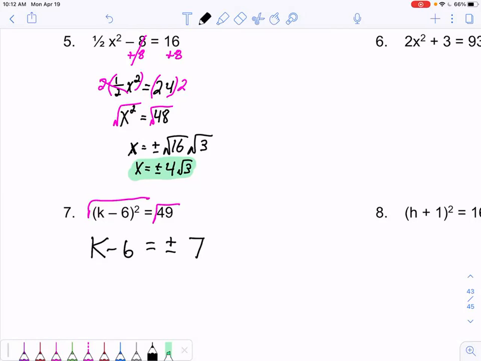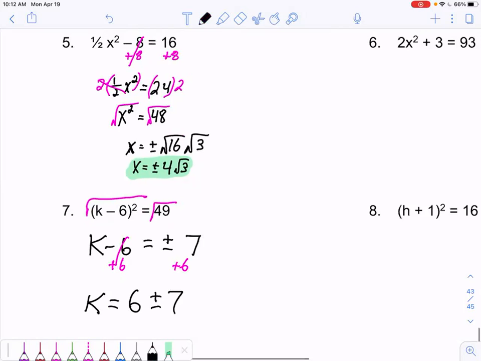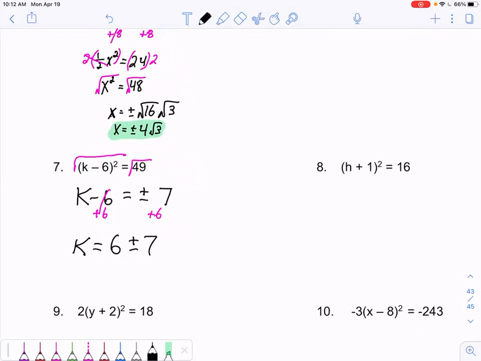The square root of 49 is 7. Remember, you have to put the plus or minus 7 with that. You add the 6 over. Get k equals 6 plus or minus 7. And this is where you separate into 2 separate equations. k equals 6 plus 7, and then k equals 6 minus 7. 6 plus 7 equals 13. 6 minus 7 equals -1.